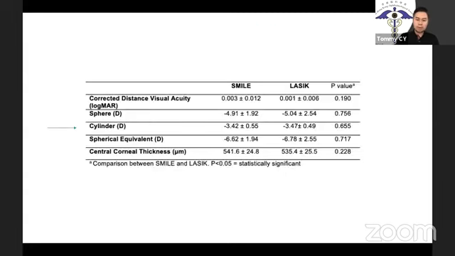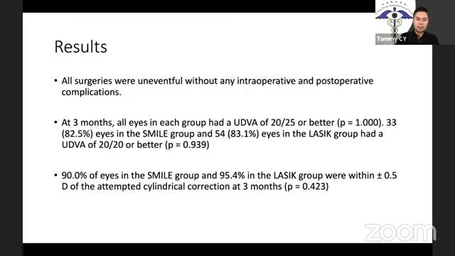The average preoperative cylinder was around minus 3.4 diopters, and similar between groups. By 3 months, basically all eyes were able to attain 20/25 vision, and 82.5% of eyes in the SMILE group and 83% in the LASIK group attained 20/20 or better.